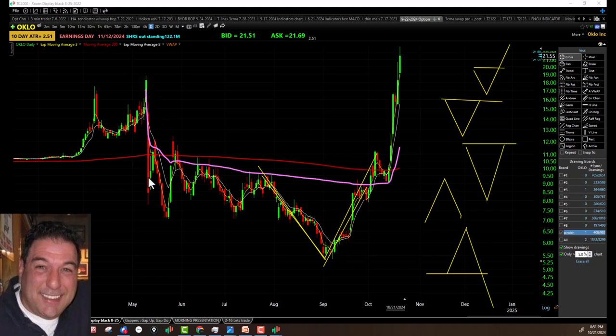See the biggest red candle at the end of the move? Boom. Price bounces. See it? You're looking for the biggest green candle at the end of the move. It almost looked like it was here. And I've got to tell you, they're probably going to give you 1, 2, 3. Here comes the next one. I don't know if the next candle is going to be as big as this one.